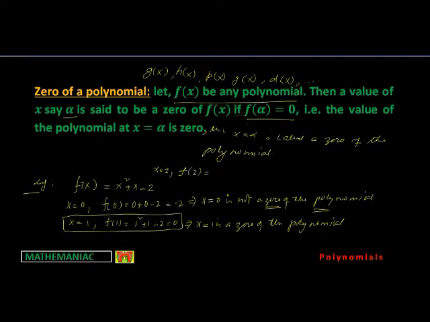What do you get here? 2² + 2 - 2 gives 4, not 0. That means this will not be 0. What if I test x = -2? f(-2) will be (-2)² + (-2) - 2, which is 0. That means I got x = -2 as another zero. There are two zeros you got so far, right?